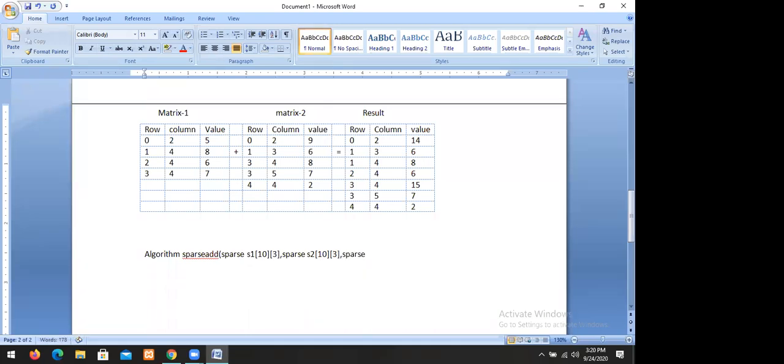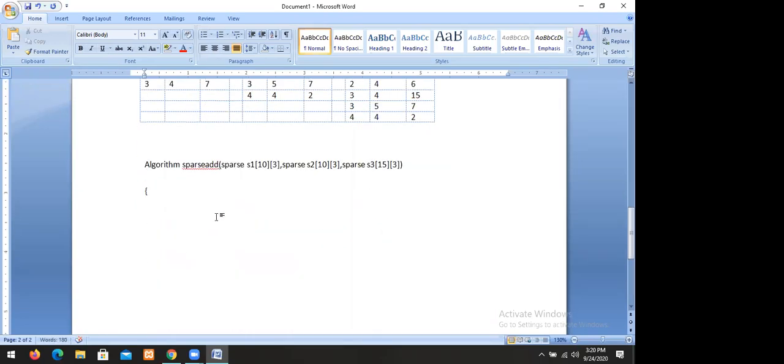Sparse S3: 15 rows, 3 columns. So this is the sparse matrix. We have the two matrices and the result.